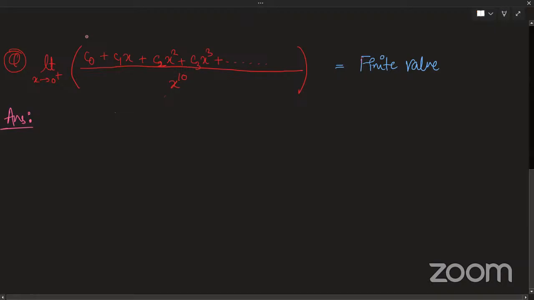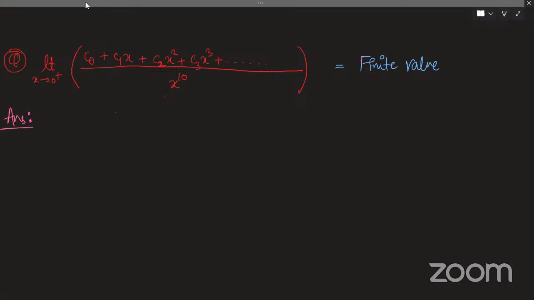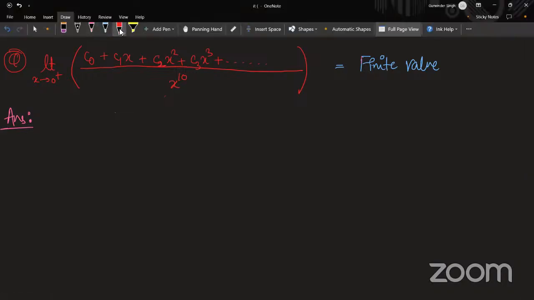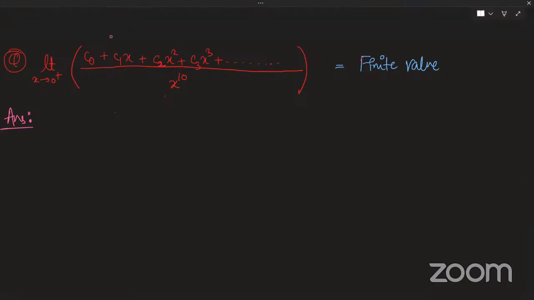See, assuming that currently your numerator is infinite, it is an infinite expansion, nothing to worry about that. Vignesh, what can we infer from this?